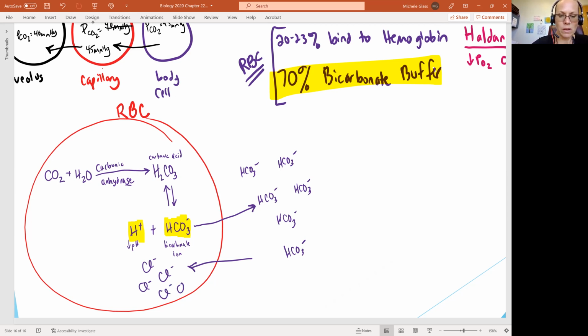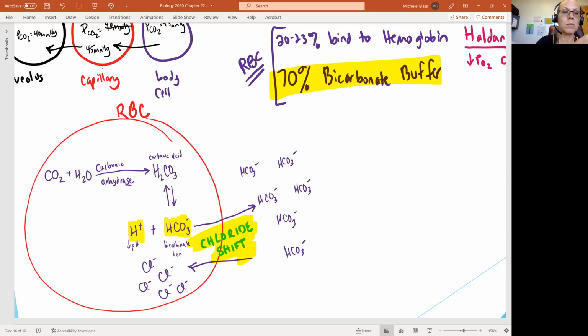Somewhat successful. And so we call this the chloride shift. Let's highlight that. Chloride shift. What we're seeing is an exchange, a shift of bicarbonate ion into the body fluid and chloride ion into the red blood cell.